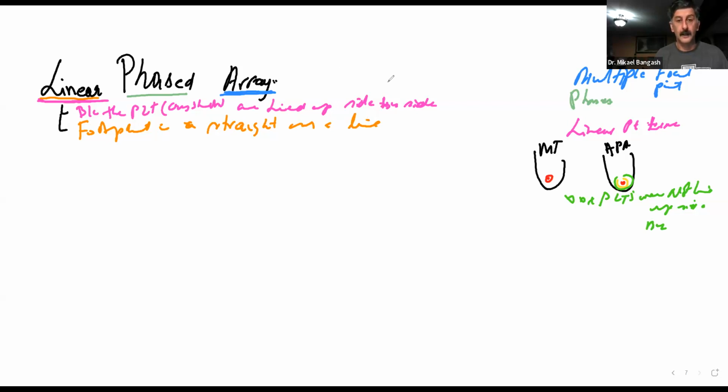When you look at the footprint of these transducers, they are in a straight line. As we'll see later on, the PZTs are lined up like this.